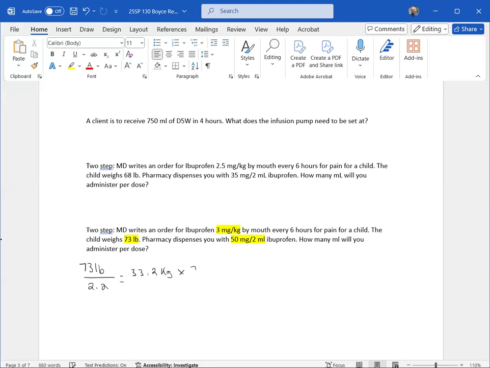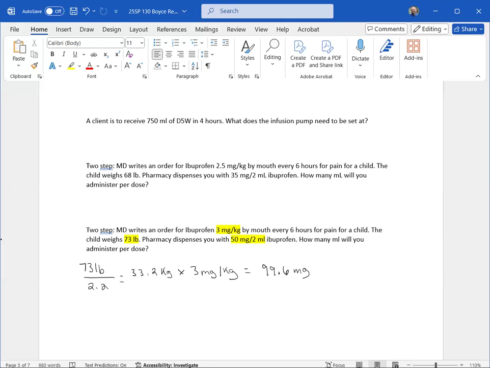I'm going to multiply by the 3 milligrams per kilogram. And I'm going to get, 33.2 times 3 is 99.6. So I'm going to get 99.6 milligrams. So once we get there, you should already know how to solve for calculating the milliliters.